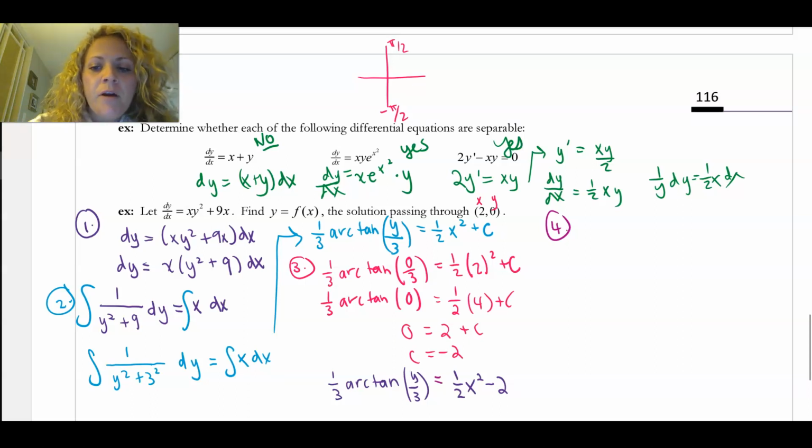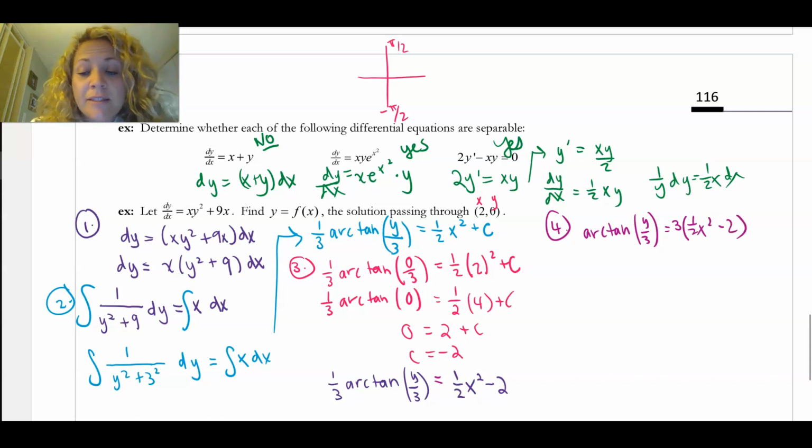All right, this is where I would multiply both sides by 3, to get rid of the 1/3 on the left with the arctan. So we have the arctangent of y over 3. If I multiply both sides by 3, it kills the 1/3 on the left. And now I have 3 times 1/2 x squared minus 2.